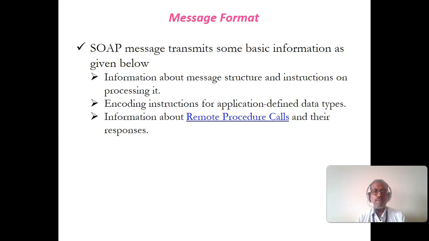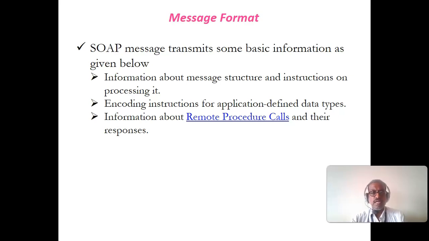So, the SOAP message transmits some basic information regarding the structure of the message, right? The structure of the message exchanged between nodes by using SOAP message.